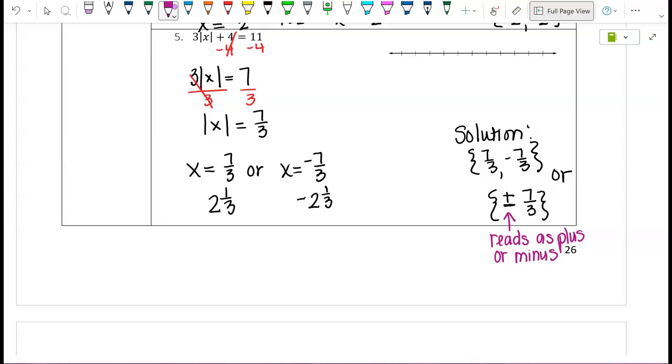And again, I just want to show you that when you get into Math 2 next year, you see that notation a lot more when you get into quadratic functions, that positive and negative.